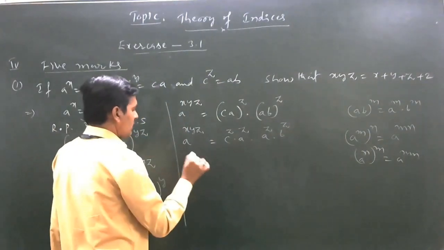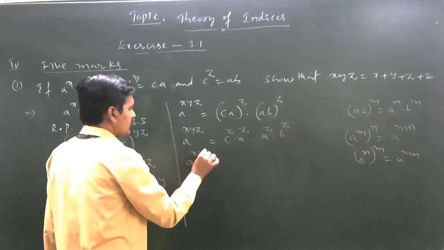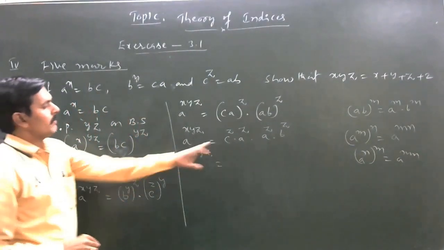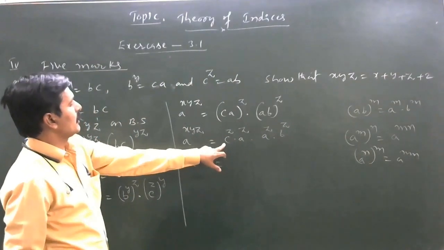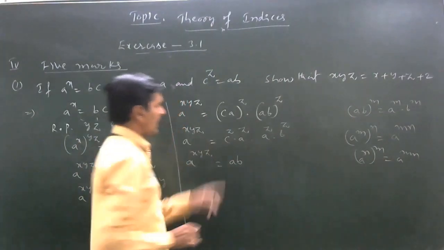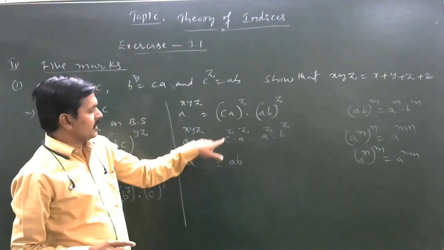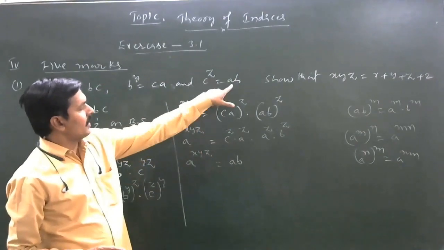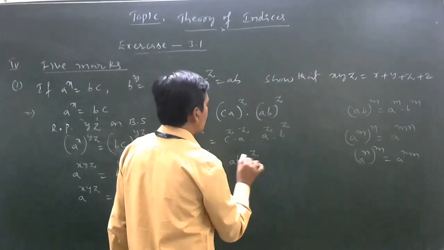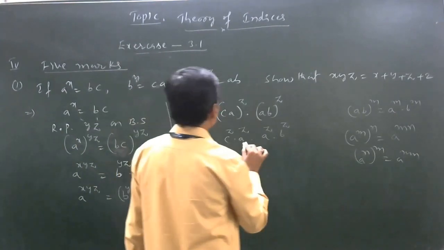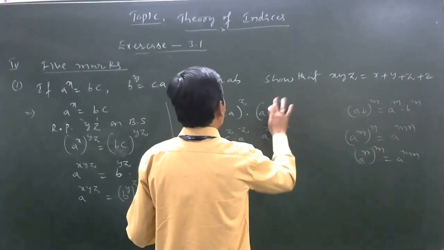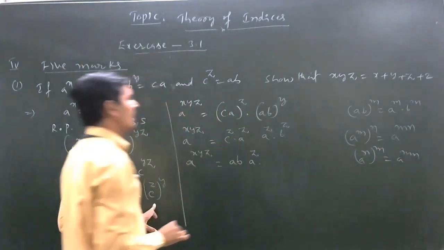Here a to the power of xyz is equal to c power z. Again by data, what about the c power z value? ab. Here, in the place of c power z, by data, put ab. Next, a power z into a power, sorry, here ab whole power y.